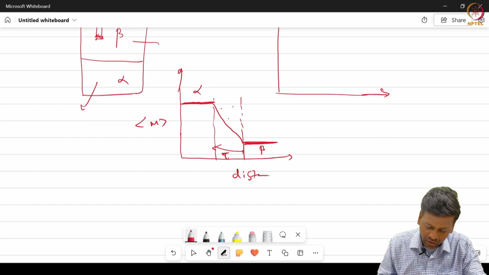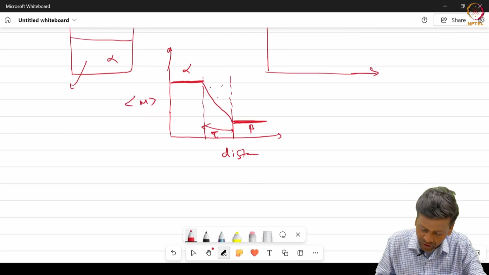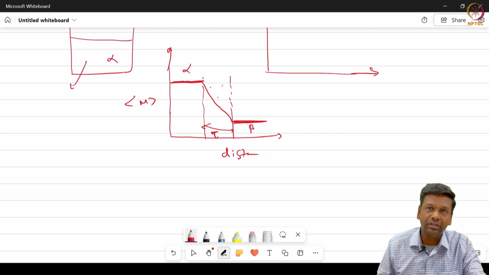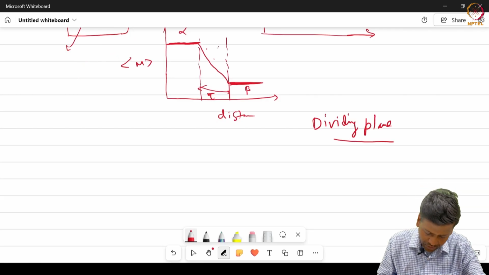So for that, what Gibbs had proposed is that there is something called a dividing plane. Gibbs uses this dividing plane as a reference plane.